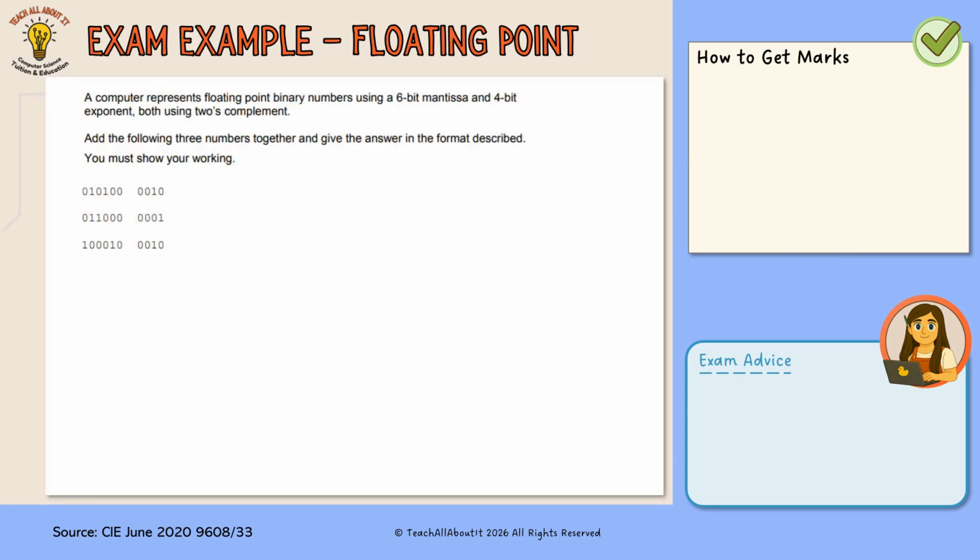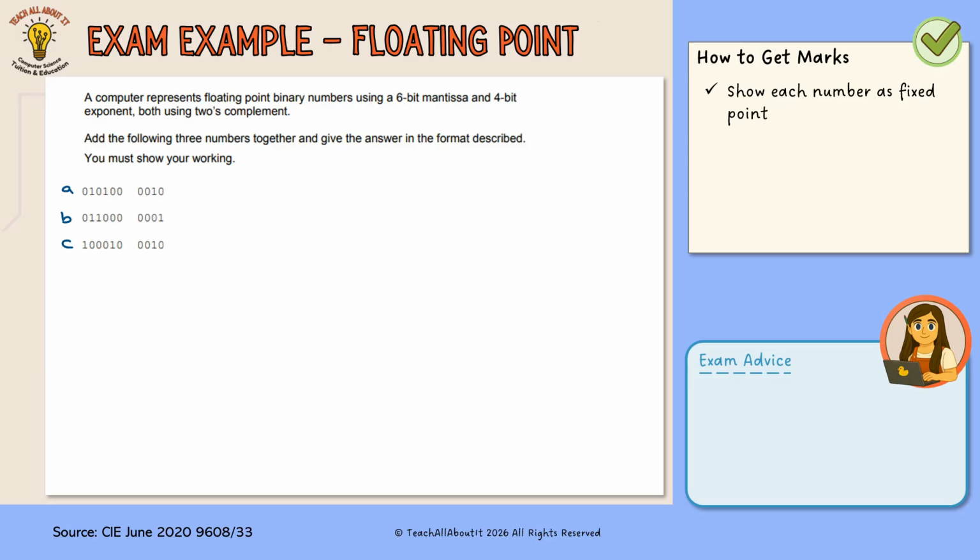So we're going to finish with a slightly more complex example from OCR. In this case, they have given us 3 floating point numbers, A, B, and C. Then they've asked us to add these together and show the answer back in the same representation as they've shown here.